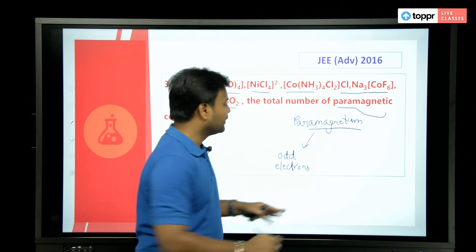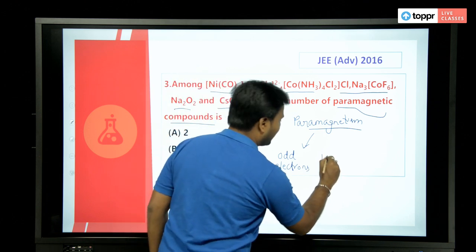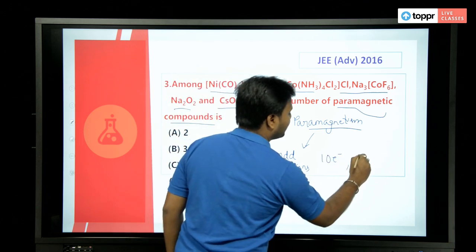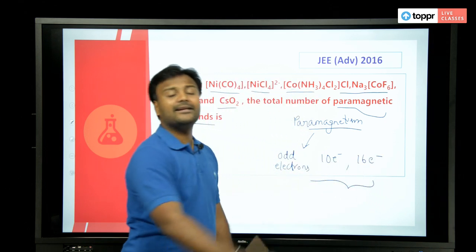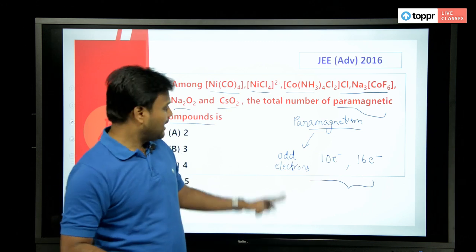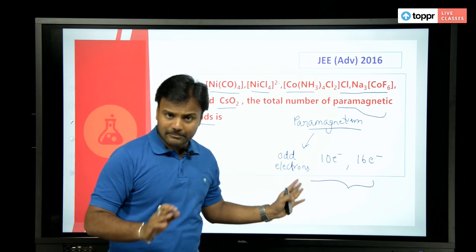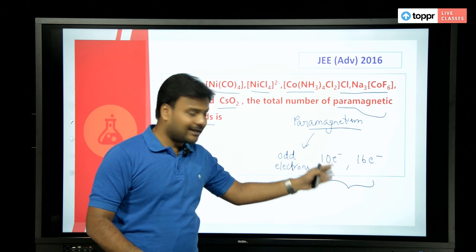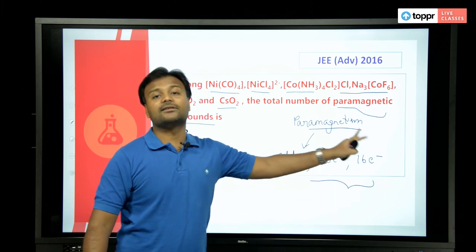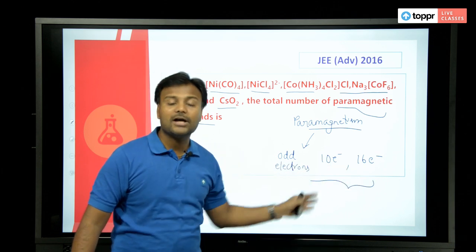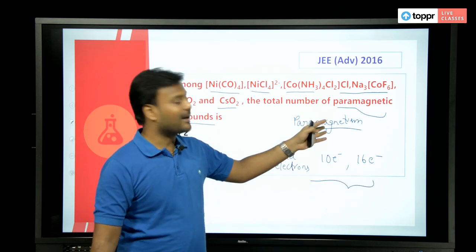Apart from that, species with 10 electrons and 16 electrons are also paramagnetic in nature. Three things: odd electrons, which are nothing but unpaired electrons, 10 electron species, though they are paired up, and 16 electron species. These are always paramagnetic in behavior.